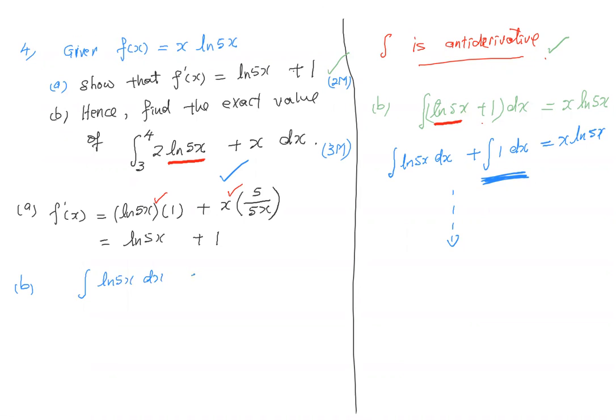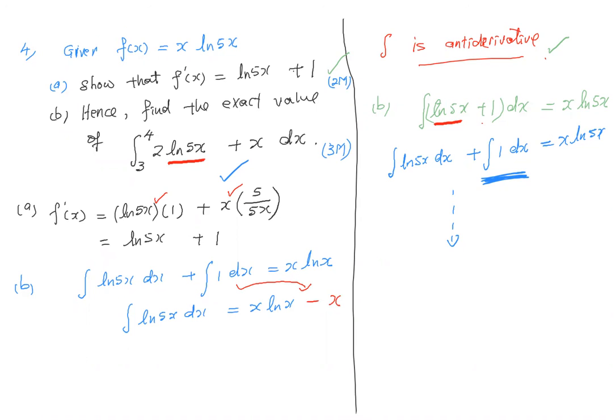So I straight away separate. This one answer is x ln x. Okay, so the integral of ln x will be x ln x. This one, when I bring over this side, it will become minus. You integrate 1, you get x.